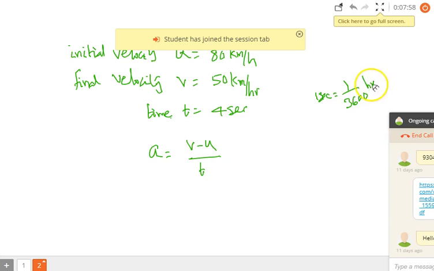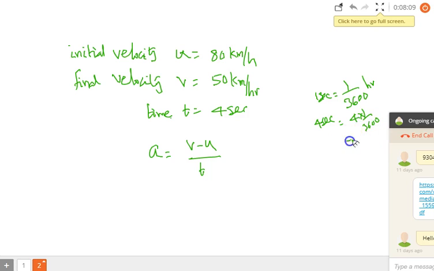1 hour is equal to 3600 seconds. So 4 seconds, how many hours? 4 into 1 by 3600, so 1 by 900 hours. Now V value 50 minus U value 80 by 1 by 900 hours.